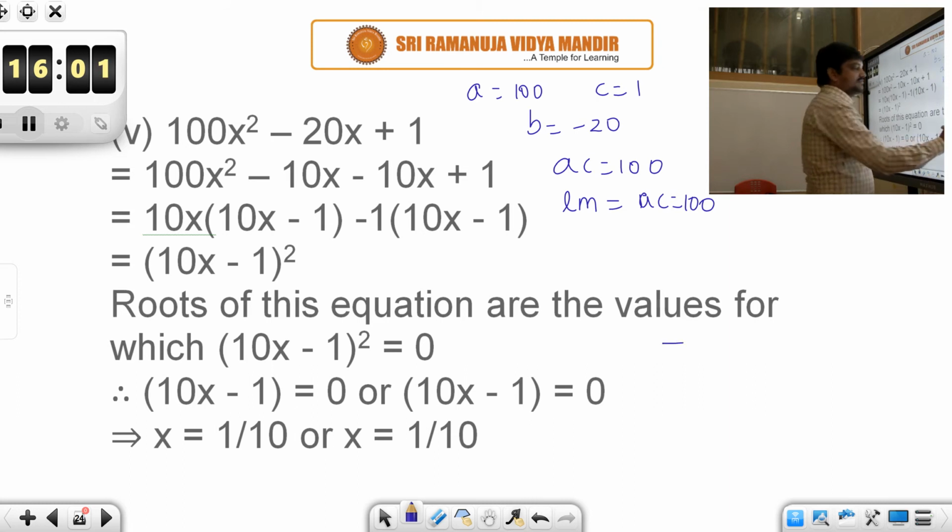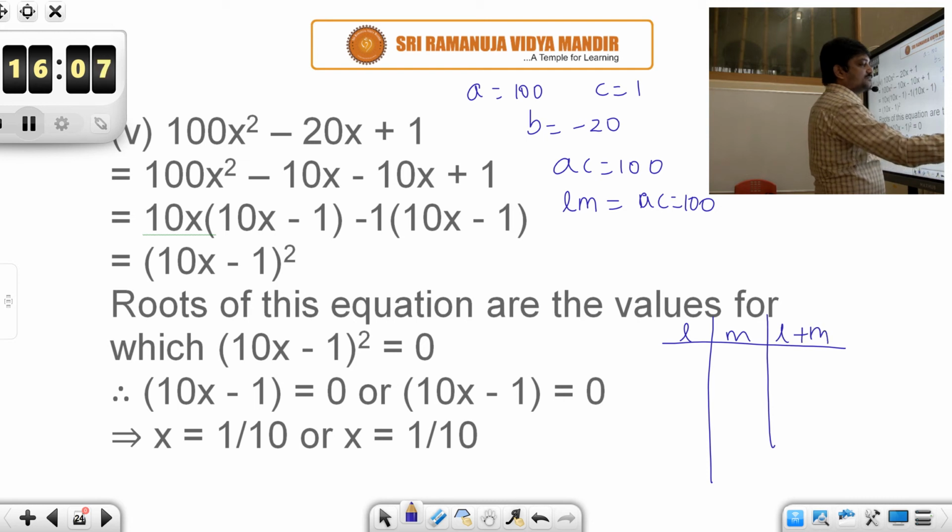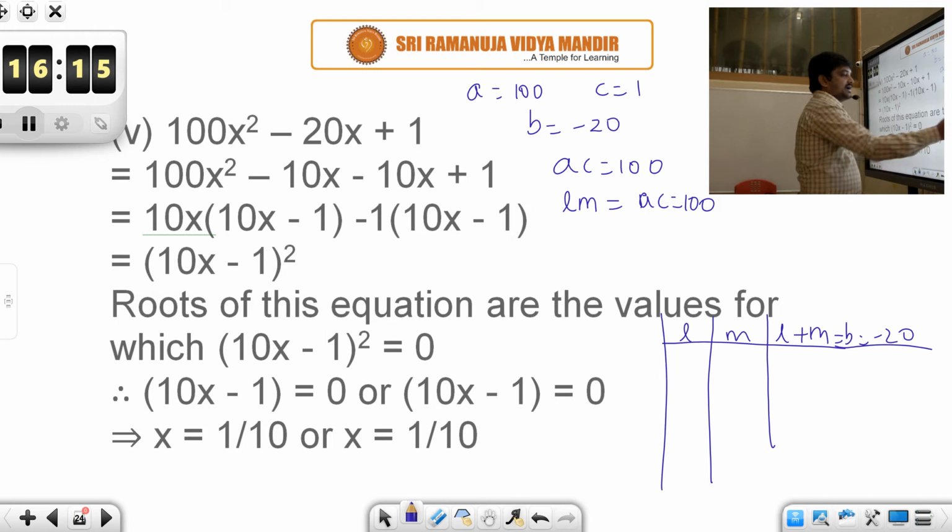So let's make a table: L, M, and we need to choose L, M such that L plus M sum would be the value of B, that is minus 20. Now L times M should be 100. So choose L and M.